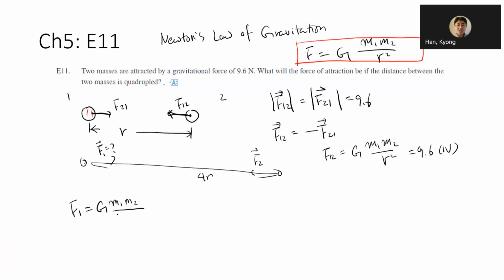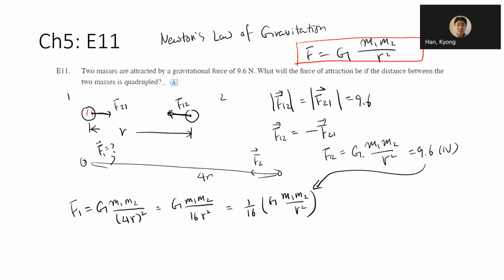We change only the distance, quadrupled, so r gets squared: (4r) squared is 16 r squared. So we can rewrite this as 1 over 16 times G m1 m2 over r squared, which is 1 over 16 times F12, or 1/16 times 9.6. That will be F1 equal to 0.6 Newtons. This is the answer to the question.